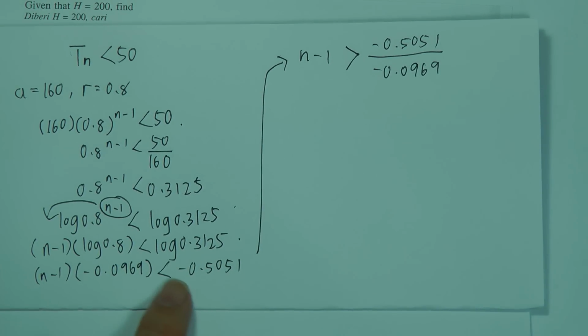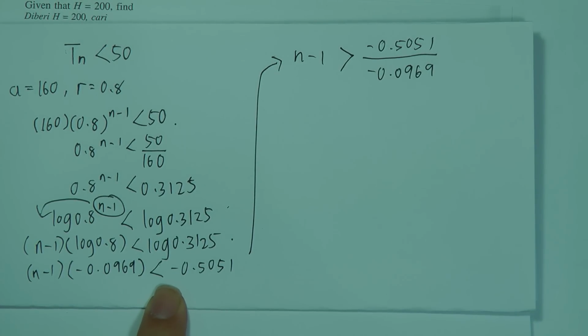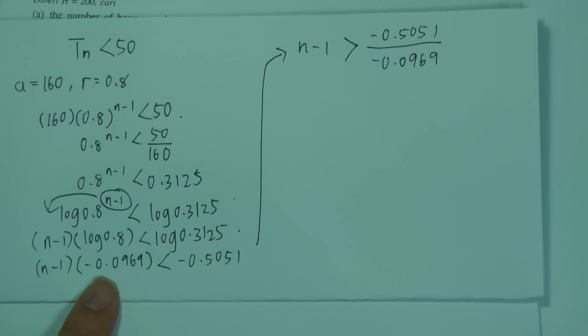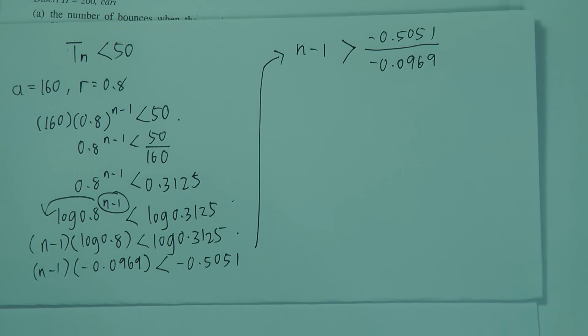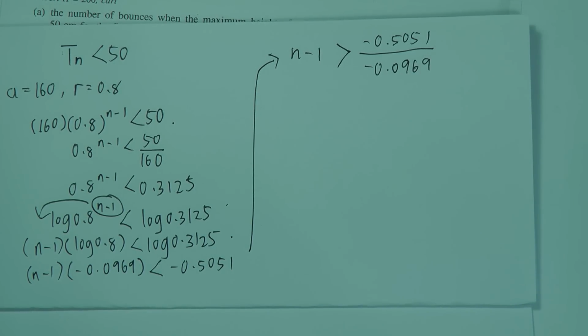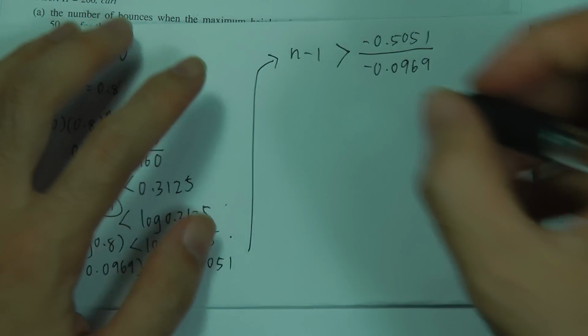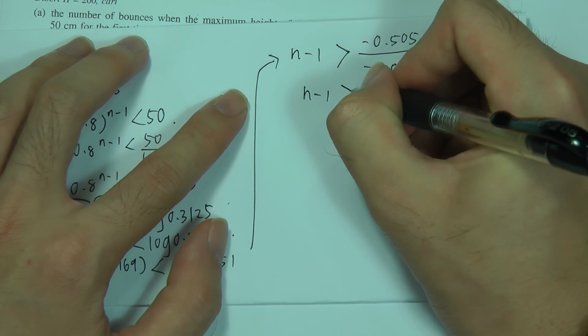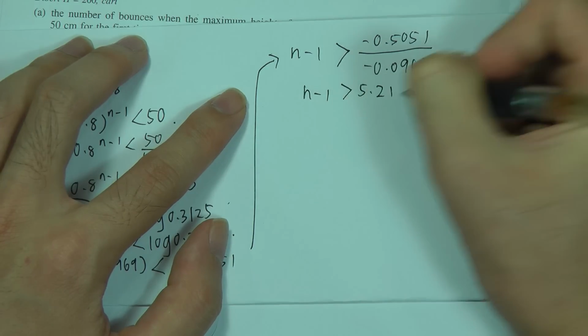You straight away divide without changing this symbol, then you will get it wrong. Whenever you multiply or divide by a negative value, make sure you change this symbol. And then you just press the calculator, divide by negative 0.0969. I will get n minus 1 will be bigger than 5.21.